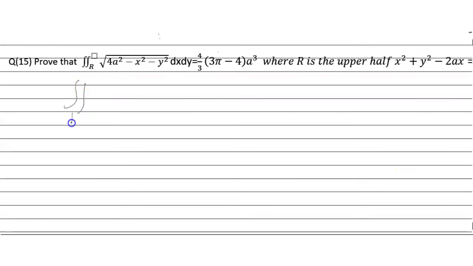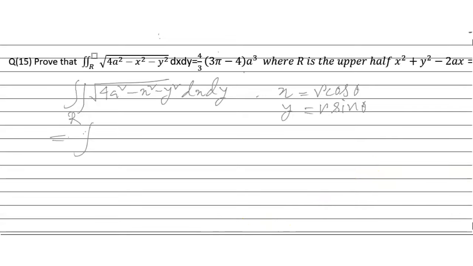Next, double integral over region R of root over 4a square minus x square minus y square dx into dy. How can I solve this problem? The problem is very simple. x is equal to r cos theta, y is equal to r sin theta.